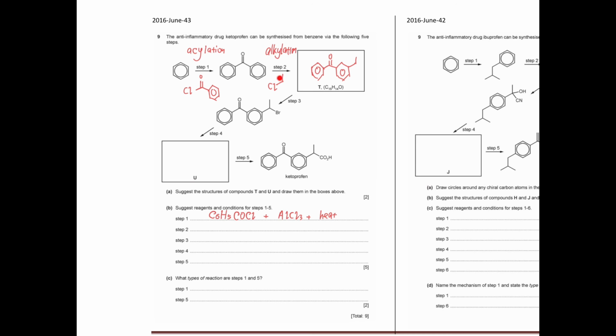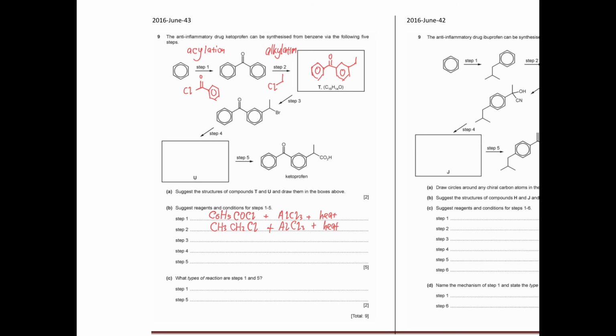I wrote down the skeletal formula already, now you have to write down the structural formula. CH3CH2Cl, plus aluminum chloride, the catalyst, plus heat. Okay, now the side chain is added.